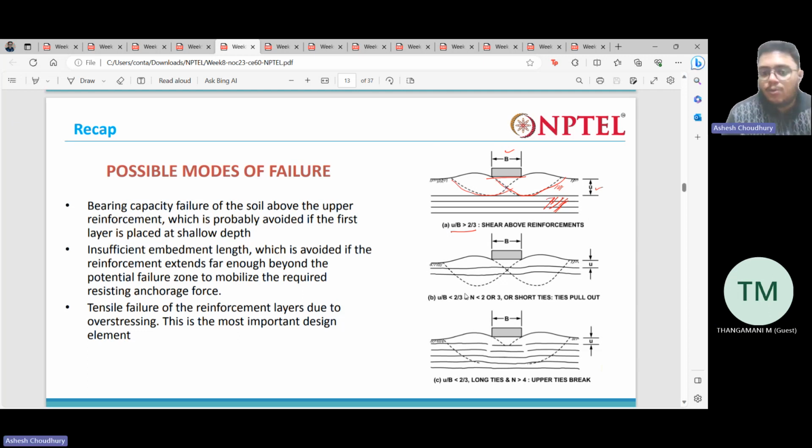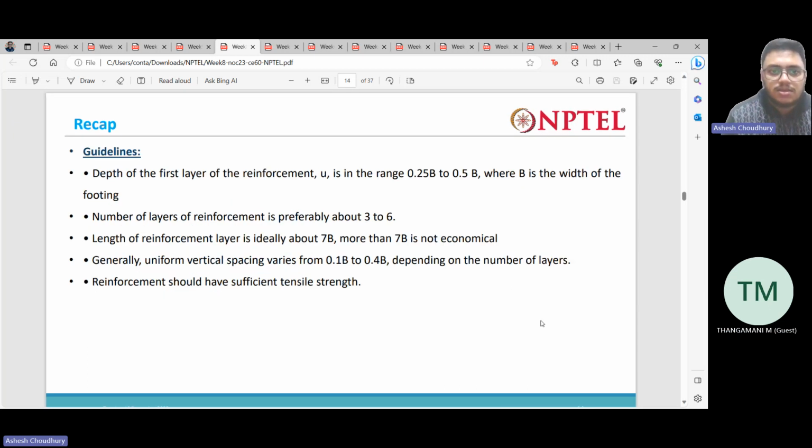When u by b is less than 2 by 3 and the number of layers is less than 2 or 3, there is pull out failure of the reinforcement. When u by b is less than 2 by 3 but the number of reinforcement layers is higher, there are chances of breakage, the tear of the reinforcement. These are the possible modes of failure that we discussed.